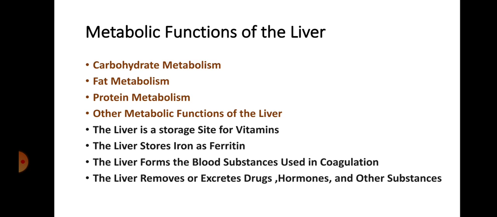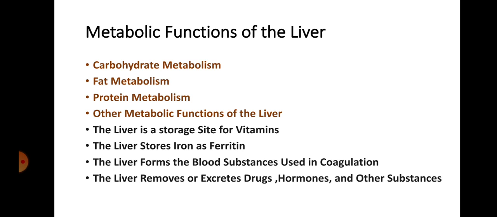The liver removes or excretes drugs, hormones, and other substances. The active chemical medium of the liver is well known for its ability to detoxify or excrete into the bile many drugs, including sulfonamides, penicillin, ampicillin, and erythromycin.